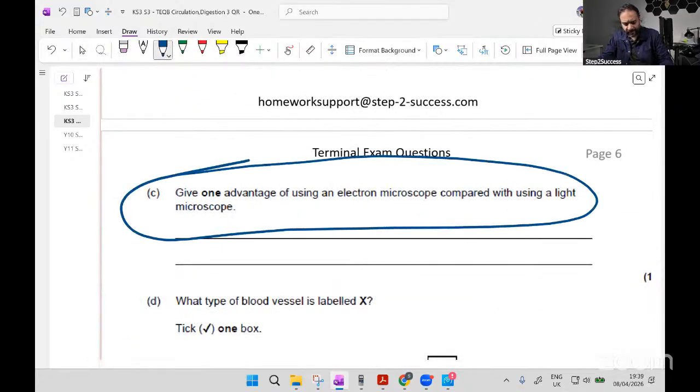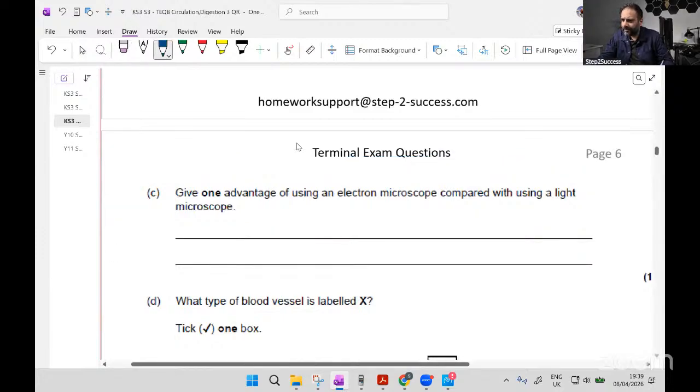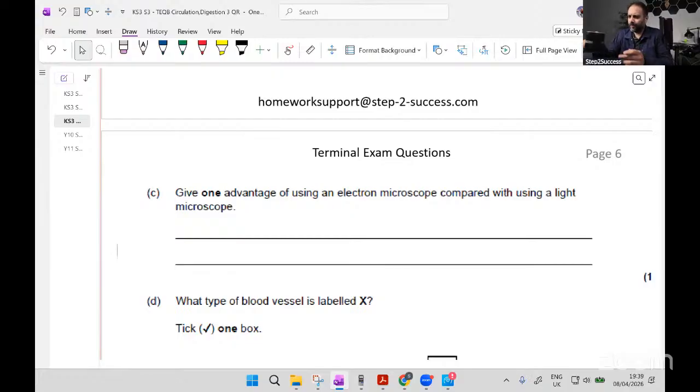I'm only asking because it's got nothing to do with the specific topic that we did today. So there are two types of microscopes. There is a light microscope, which is the one you most commonly used in school. And there is something called an electron microscope.